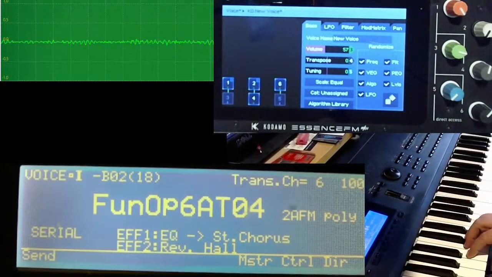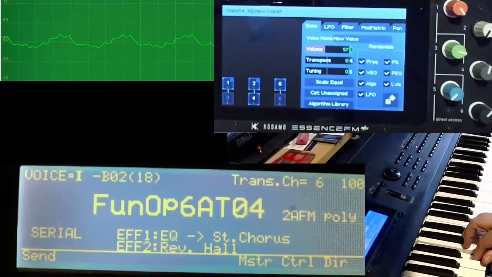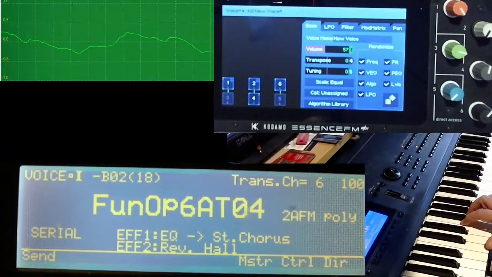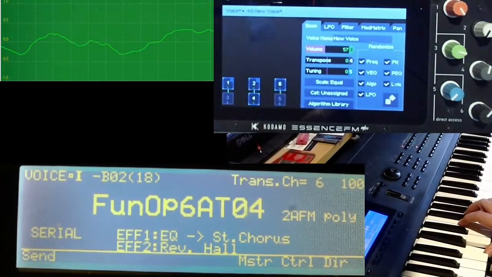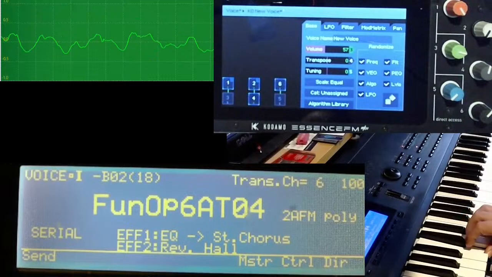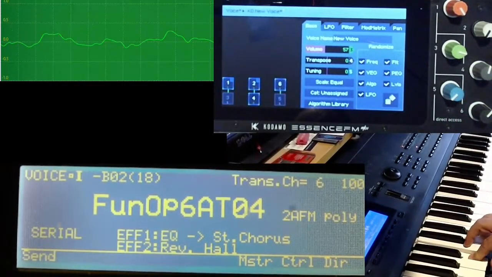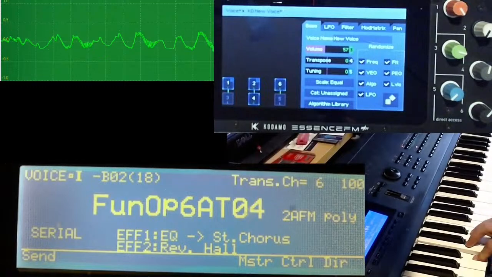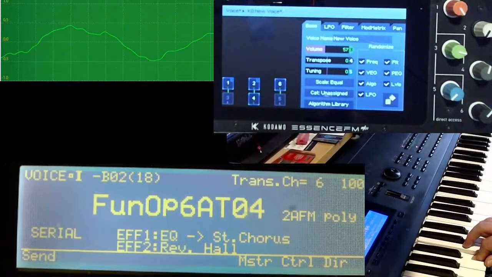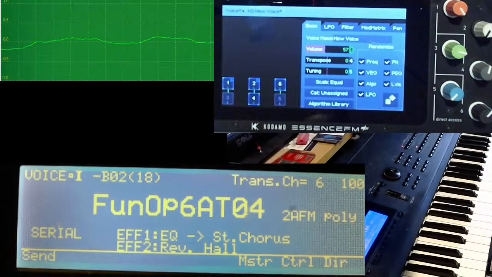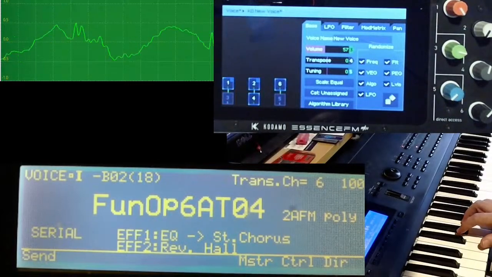Oh, this is fun. So basically an analog type pad.